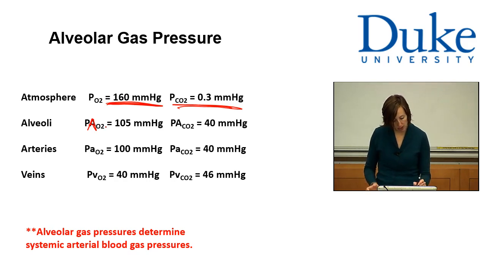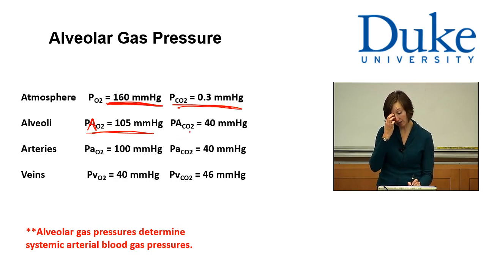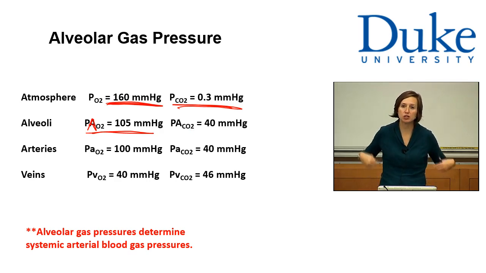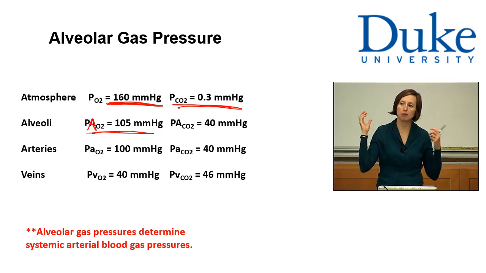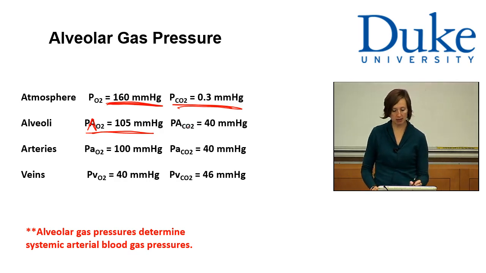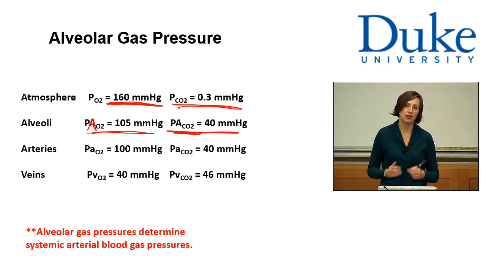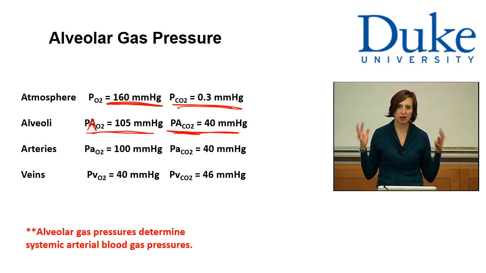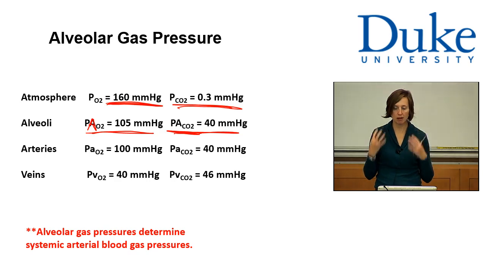So that's why the pressure of oxygen is going to be lower in alveoli. For CO2, we're going to have a different issue where CO2 is constantly diffusing into the lung, and so that means that the pressure of CO2 in alveoli is going to be much greater than the almost negligible pressure of the air that's coming in.